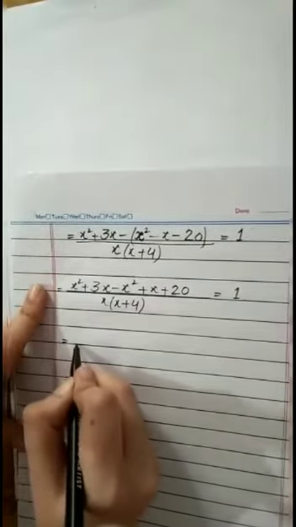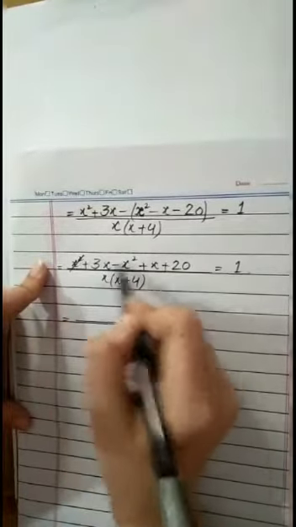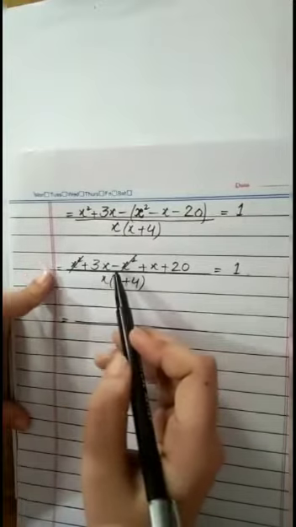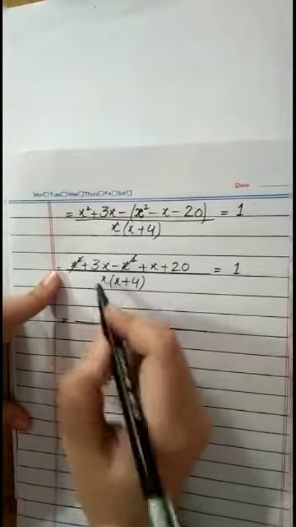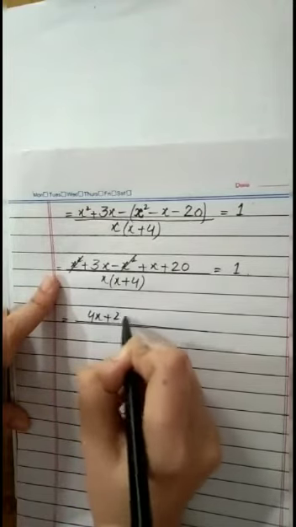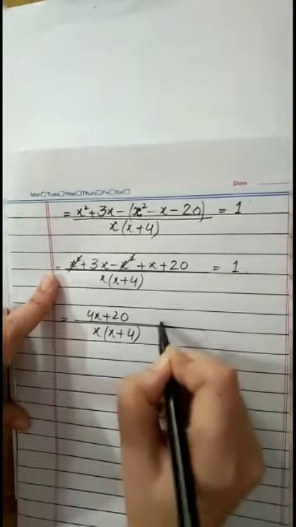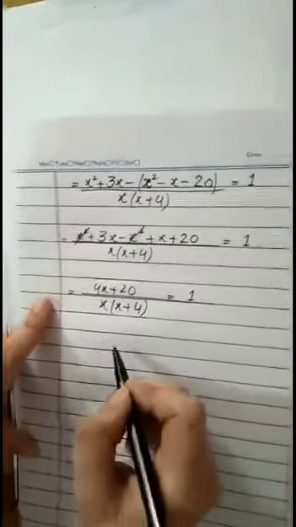So these both are cut because of positive and negative, opposite signs are cut. 3x plus 1x, that is 4x plus 20 by x into x plus 4 is equal to 1.